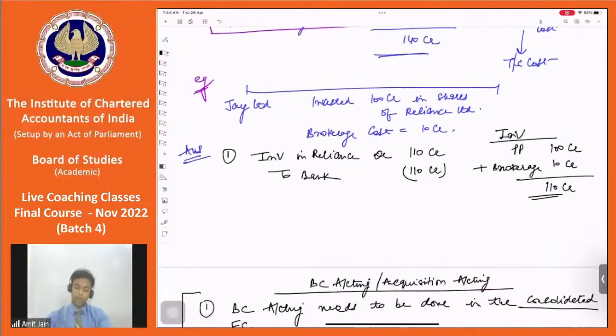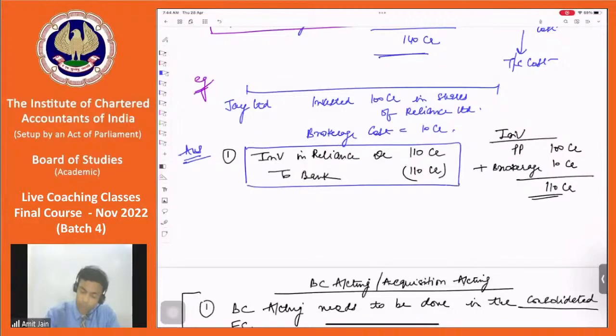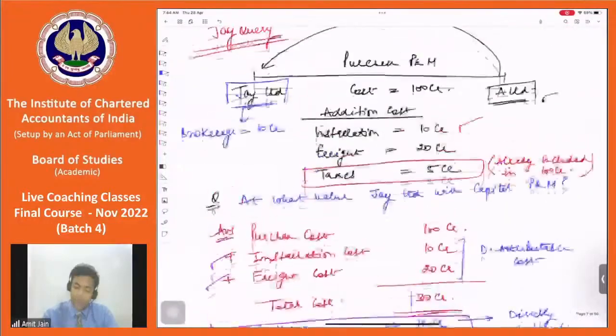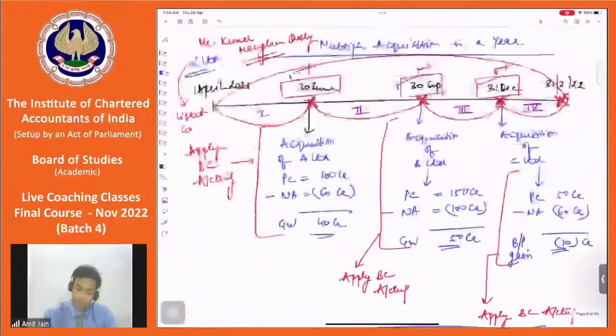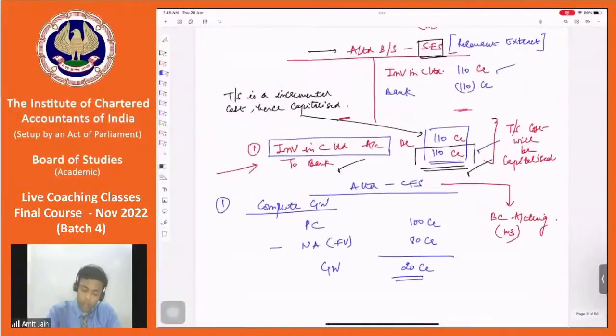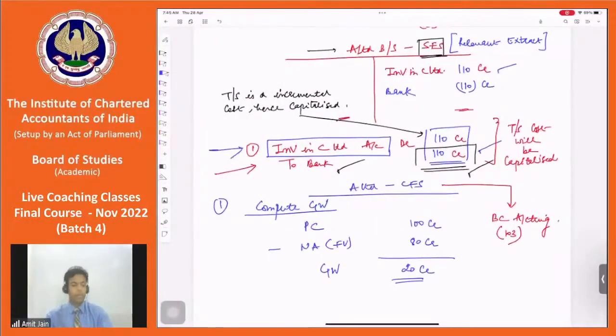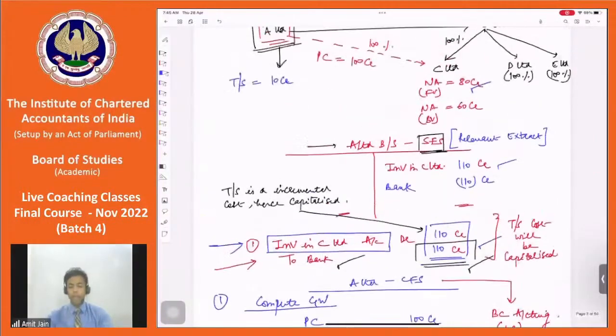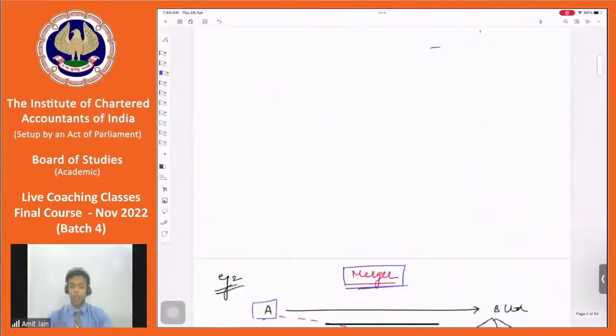Correct, Jay? So what you have done is capitalized brokerage cost, transaction cost, in the value of investments. This is what the standard is saying. When you are preparing the standalone financial statement, this brokerage, this transaction cost will be capitalized in the value of investment. I hope things must be clear to you now.